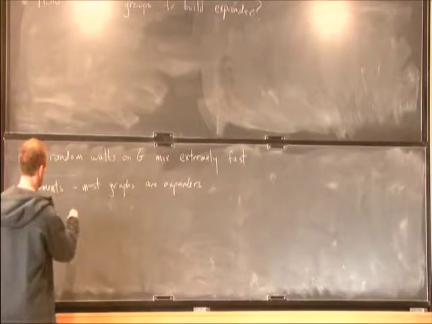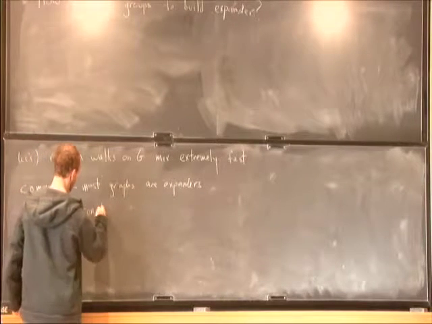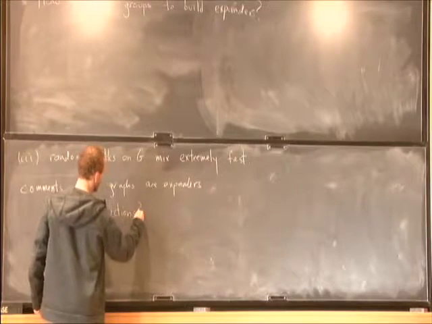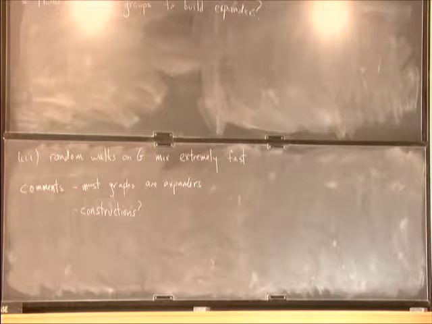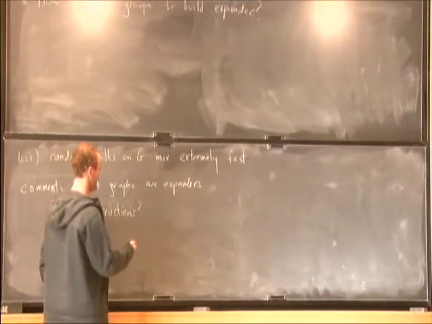So there is one comment about this. Most graphs are expanders, and then we ask ourselves, are there constructions? And the answer is that there are many constructions of expanders, as you know, and usually they have two flavors.